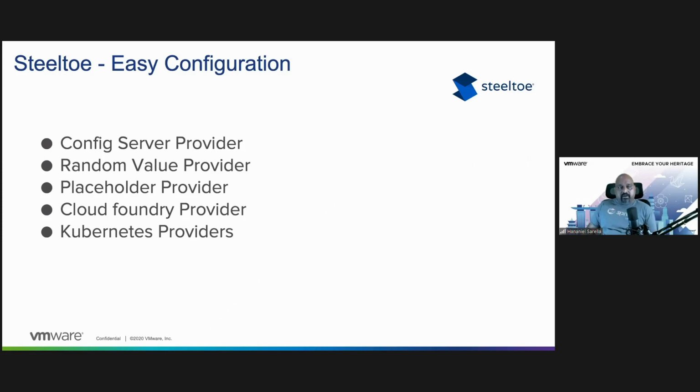And then we have other helper providers, such as the random or placeholder provider, that make it easy to manage configuration. And of course, we have support for Cloud Foundry. Not only that, we also have one for Kubernetes to make your config maps available.